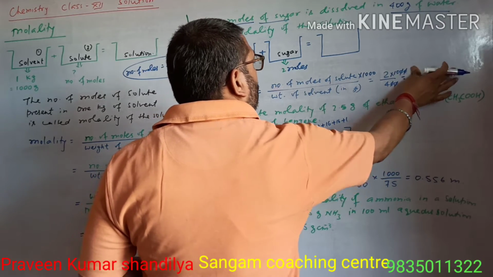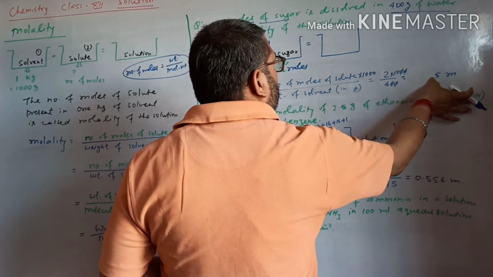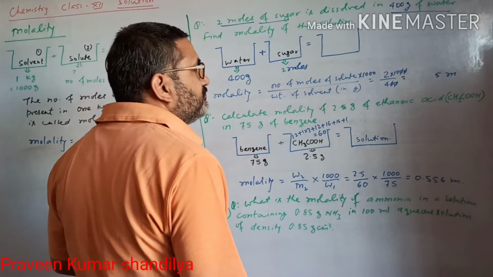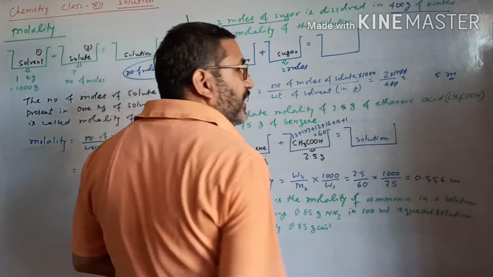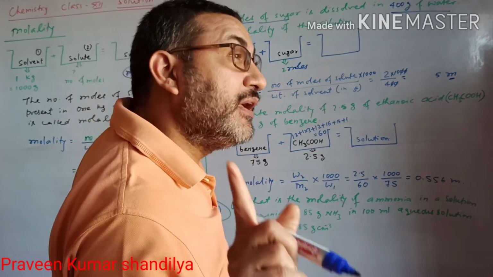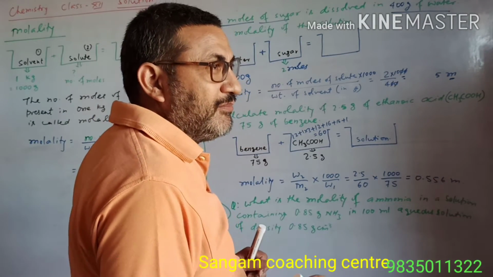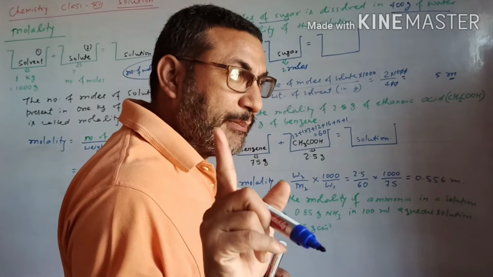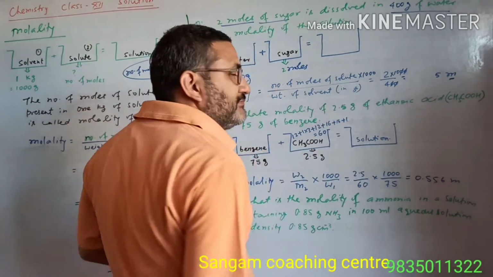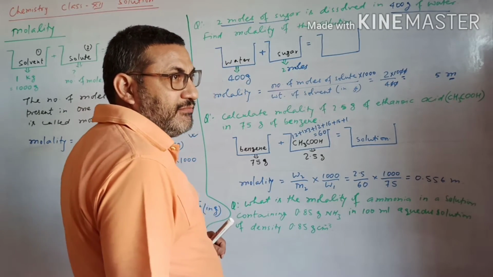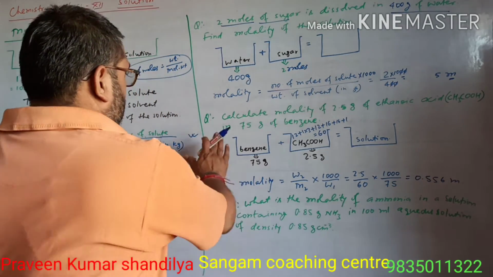What will be our answer? 5 m. Molality is denoted by a small m and molarity is denoted by a capital M. Is it clear?